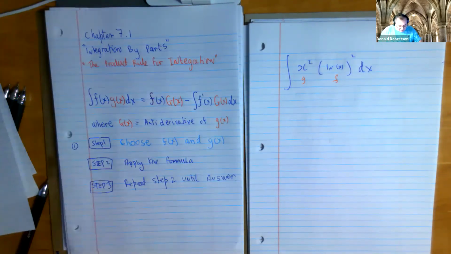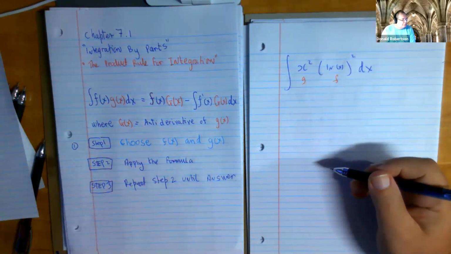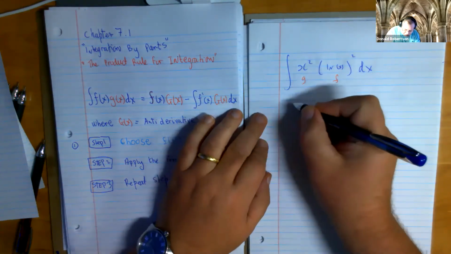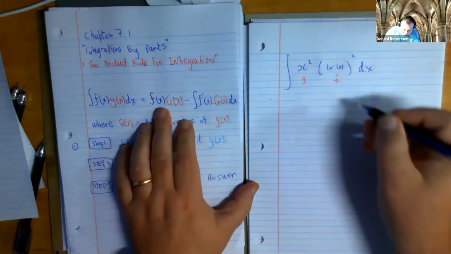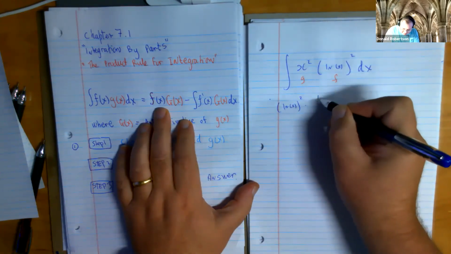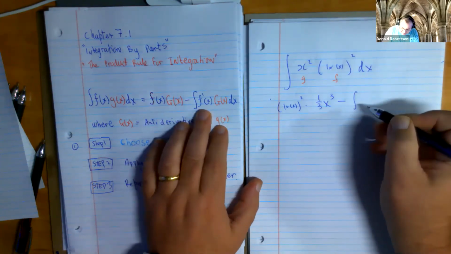Right. If I don't know how to integrate log, I certainly don't know how to do log squared or log cubed or anything else in that family. So we're going to do f of x, which is that, capital G, take away f dashed.